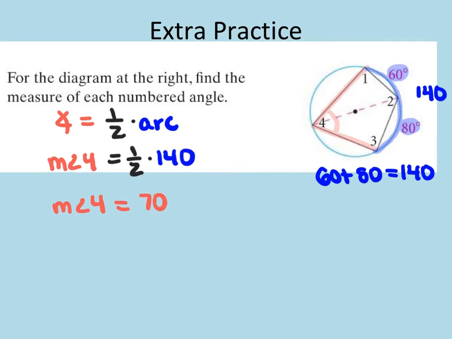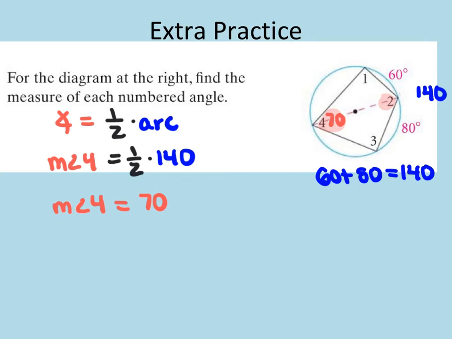So now I can fill in that the measure of angle 4 is 70. Now using this, we know that the opposite angles should be supplementary, which means that this angle 4 of 70 and angle 2 should add to equal 180.